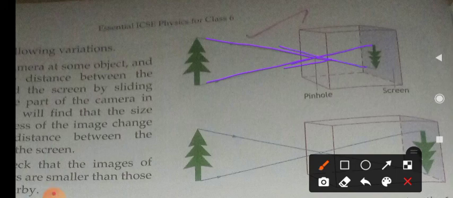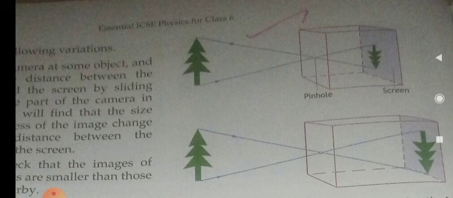Thus, rays from the top of the object fall at the bottom of the screen, and those from the bottom of the object fall at the top of the screen. That is how the image formed is inverted. So an inverted image is formed in the case of this pinhole camera. Is it clear, children? Hope you have understood.